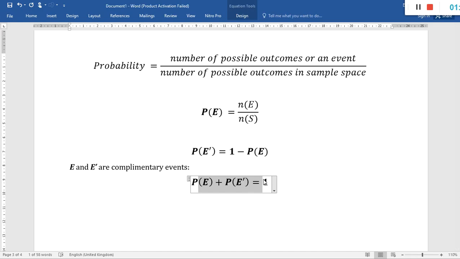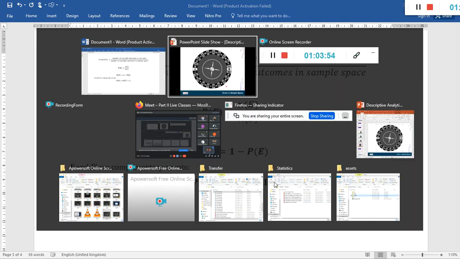Now, let's proceed a little further. Let's come back to some other probabilities, coming back to the roulette wheel.